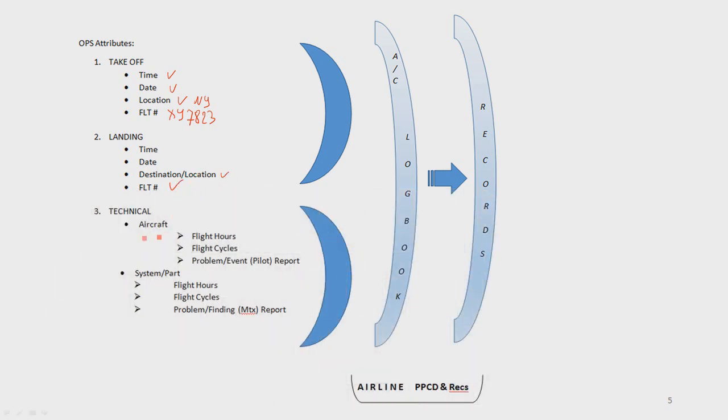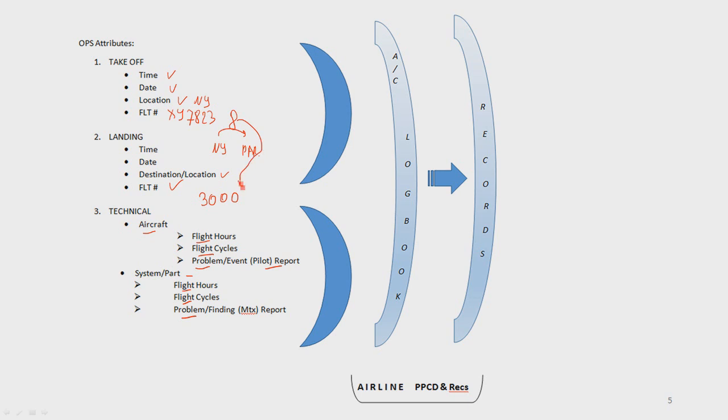Then technical information about the aircraft: total flight hours, total flight cycles, problems or events, pilot reports, system and parts total flight hours, flight cycles, problems, findings, maintenance report. Let me explain. For example, the aircraft has 3,000 flight hours. From New York to Paris, Charles de Gaulle Airport, it took us 8 hours.